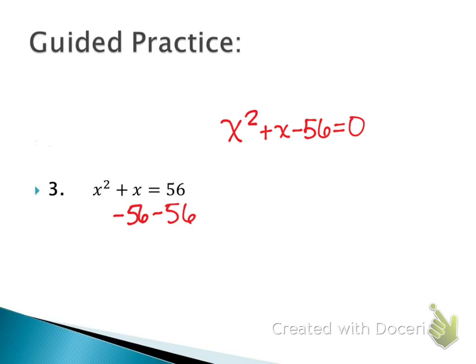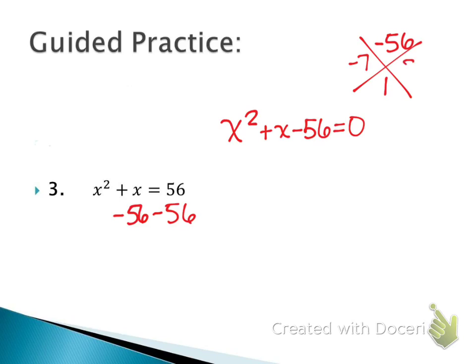Now that it's in standard form, we are ready to factor. What method would I use to factor this? The x method. What's going on top? Negative 56 on bottom. A 1, my numbers. Good.